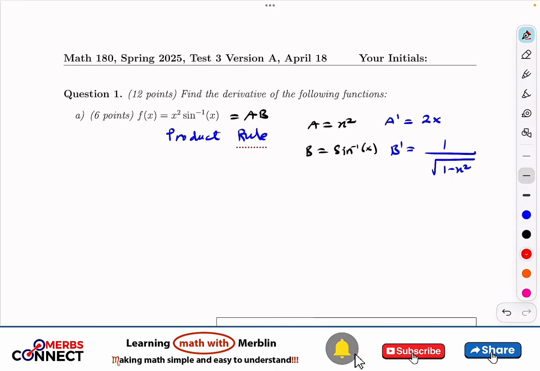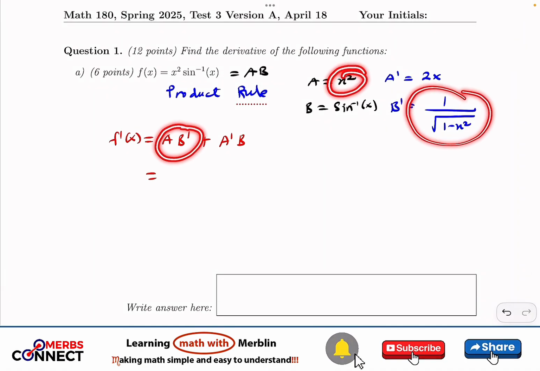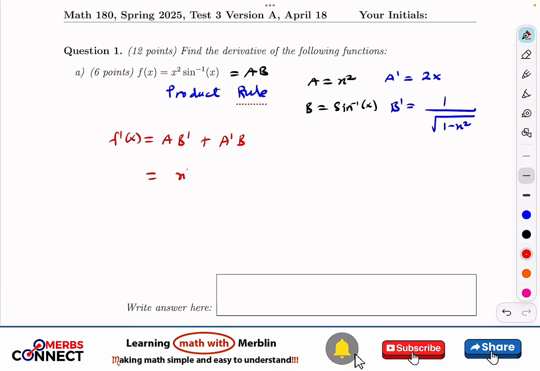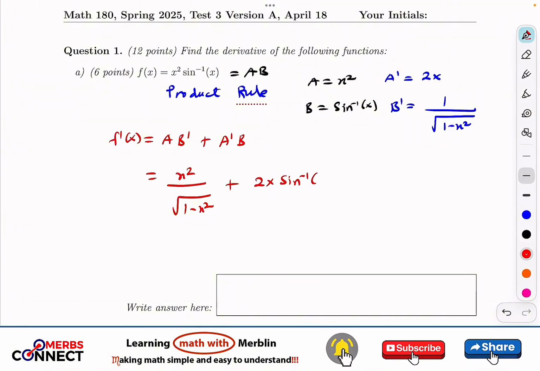So it means that f prime, since we are using the product rule, is A B prime plus A prime B. So let's do substitution. A B prime is x squared divided by the square root of 1 minus x squared, plus A prime B, which gives us 2x sine inverse of x.